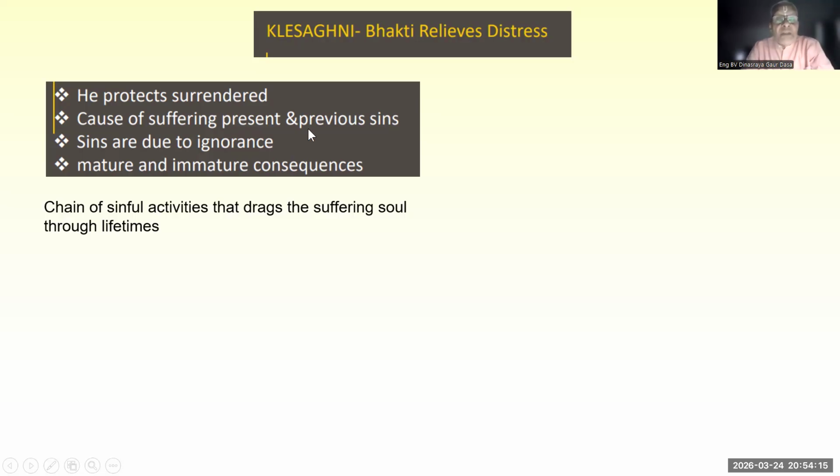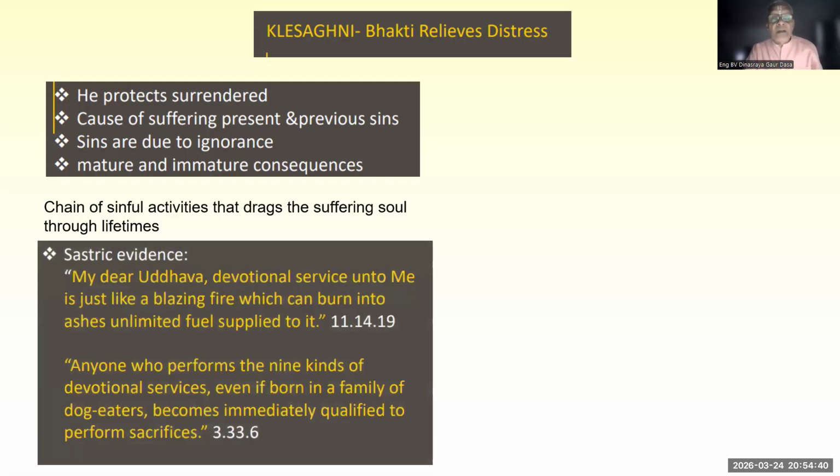So the cause of suffering is present and previous sins, and sins are due to ignorance, the ignorance that we consider ourselves independent entities, totally independent from Krishna. Mama and aham, that is, I and mine, is basically the cause of miseries. So there is a chain of sinful activities that tracks the suffering soul through lifetimes. That means we keep on repeating, entering into the cycle of birth and death.